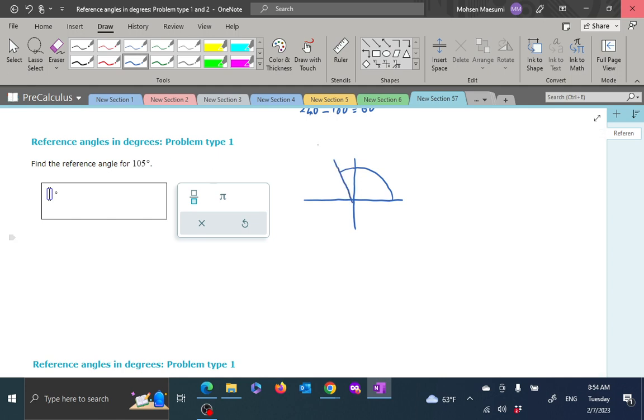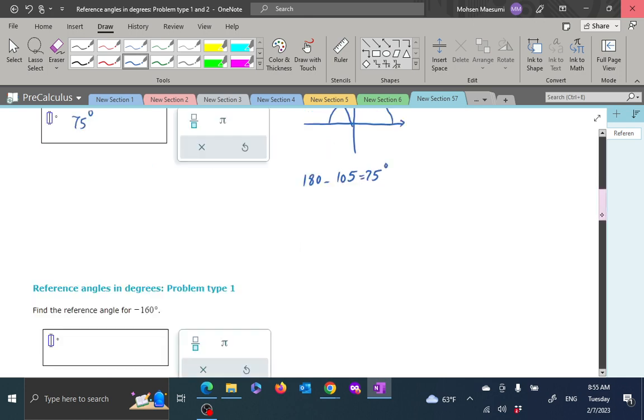So this is 105. Well, how much is left to the horizontal? So 180 minus 105, and this is 75. So this is 75. Of course, we don't want to make life hard for ourselves and make this thing negative and come here and do it, but if necessary, we would have done that as well.